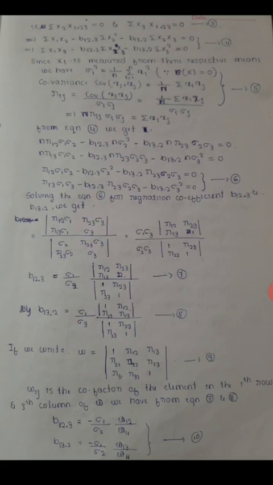Therefore omega ij is the cofactor of the element in the ith row and jth column of omega. From equations 7 and 8 we have b12.3 equal to minus sigma 1 upon sigma 2 omega 12 by omega 11, and b13.2 equal to minus sigma 1 upon sigma 3 omega 13 divided by omega 11.